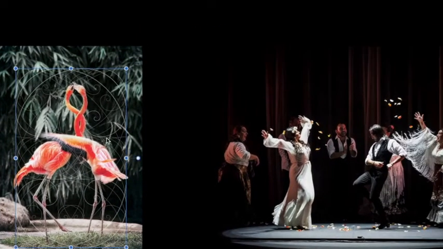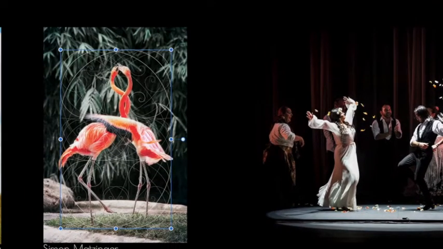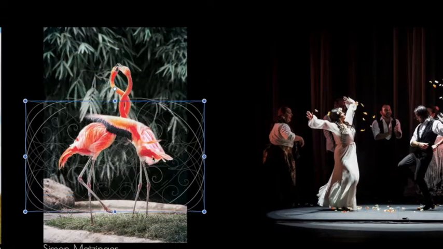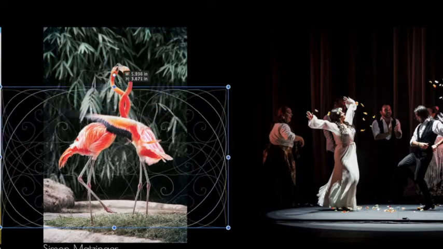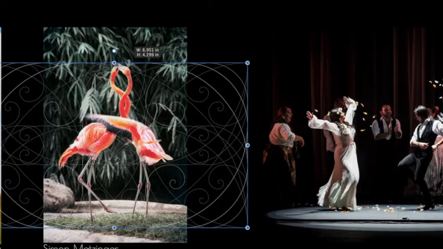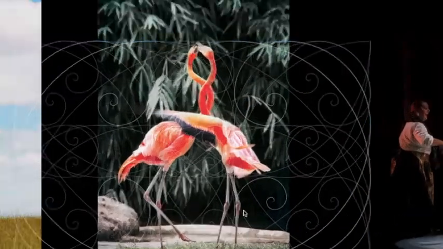Cool. In an extreme measure, we could do that horizontally.